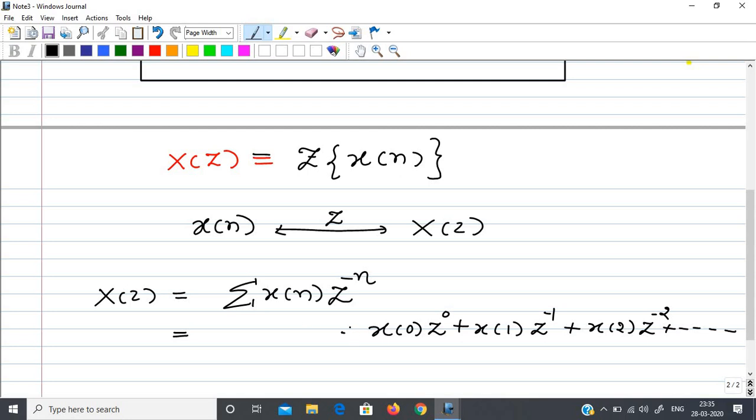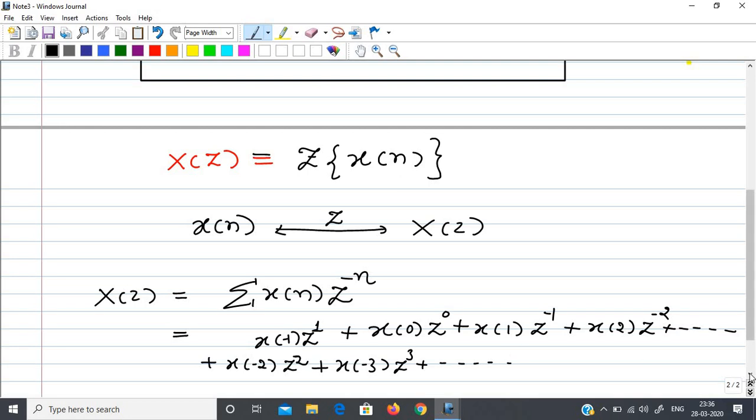Similarly, if you expand it in the left direction, you would have x of minus 1 z to the power 1, plus x of minus 2 z to the power 2, plus x of minus 3 z to the power 3, and so on. So this is a power series.